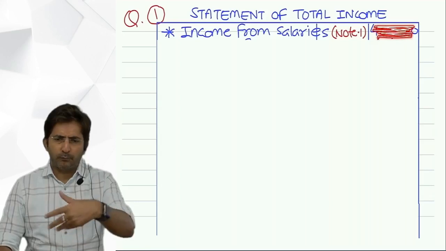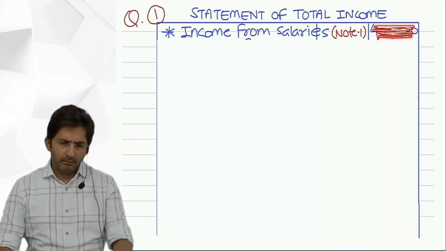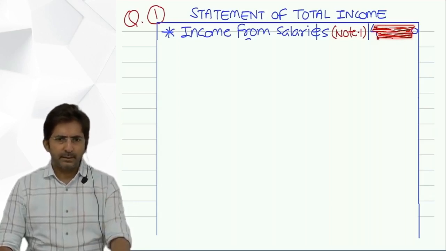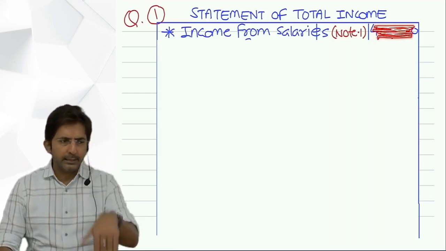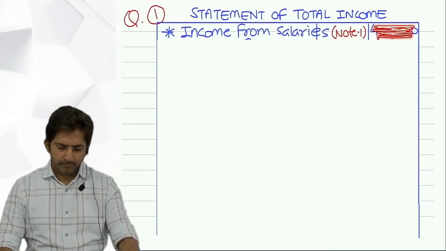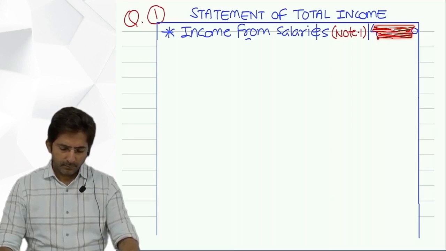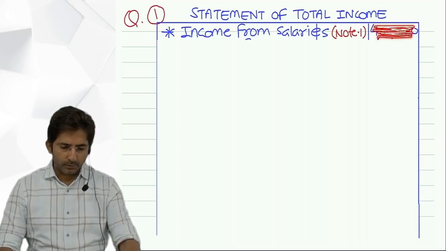We'll write the names of all 5 heads, and wherever a note is required, we will prepare it afterwards, after we write the list of 5 heads. Then the next head is what?